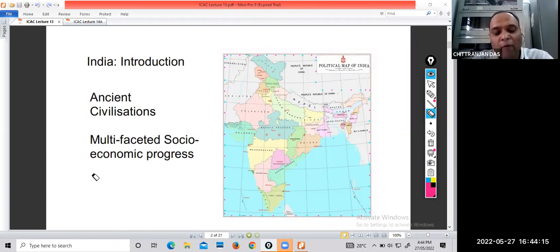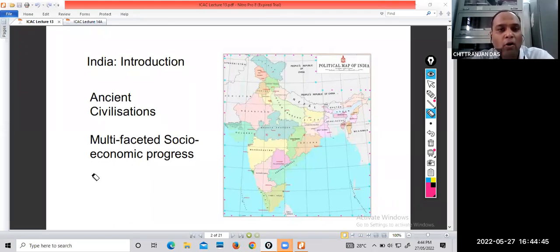Then a very important thing: International Yoga Day is being celebrated by the United Nations, and is going to be celebrated now also on 21st June. Is it not? It is a tradition which is inherently Indian, now being celebrated by people in different parts of the world, which also shows India's soft power.